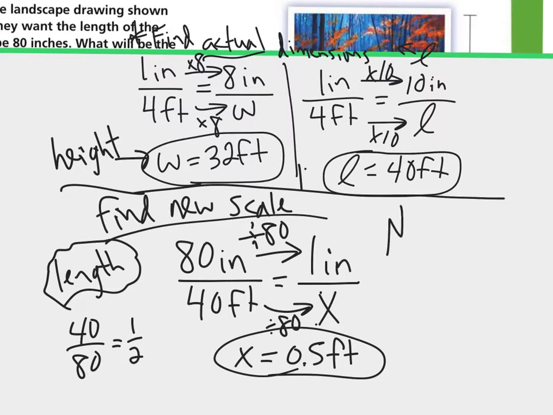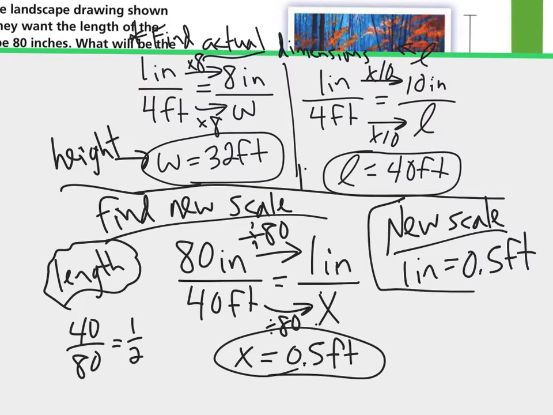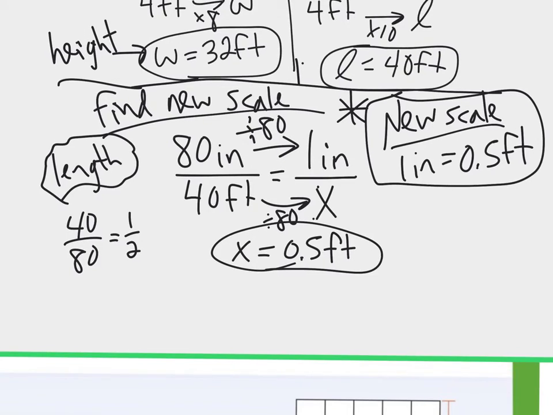All right, so what that means then is our new scale is 1 inch equals a half of a foot, or 5/10 of a foot. So that answers one of their questions. And then the other question is just what the height is going to need to be on the new mural.